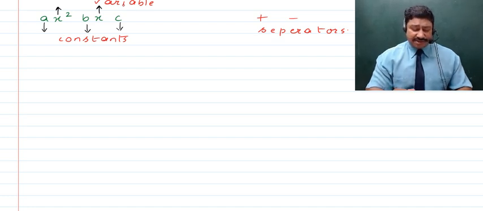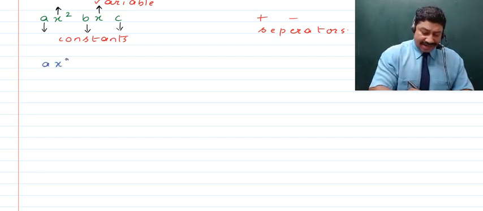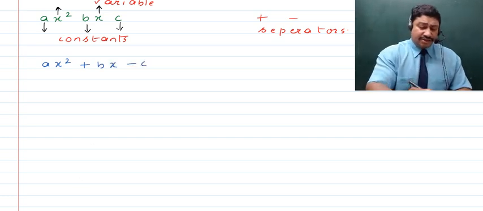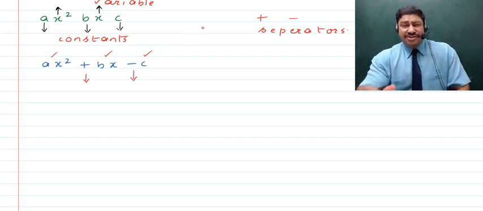Now when we have a mix of all of these, then we say that we have an algebraic expression. Now here, children, let's have an idea how we can have a separator. For that matter, say we have ax² + bx - c. So here we have two separators, right? And as we have two separators, there'll be three terms. Thus comes the definition of a term.